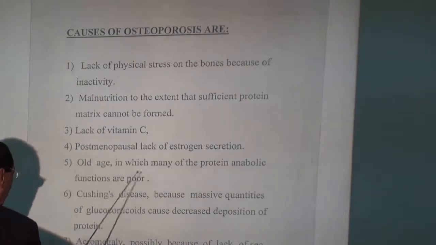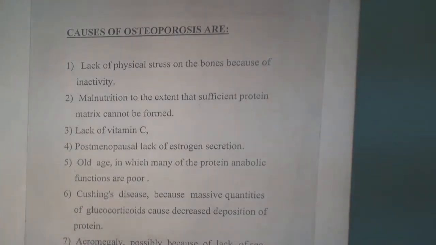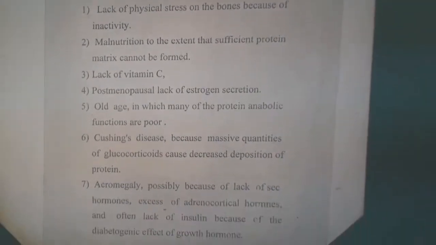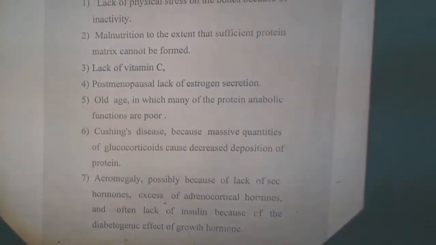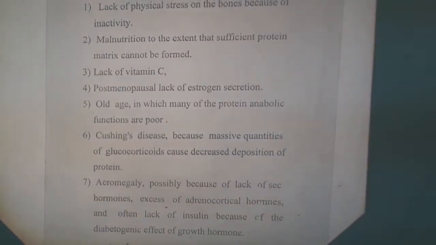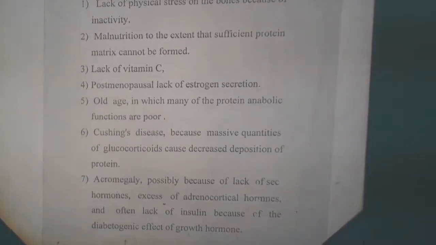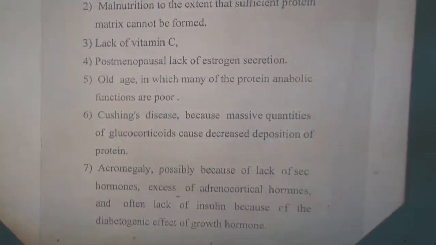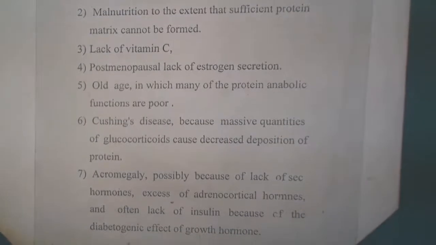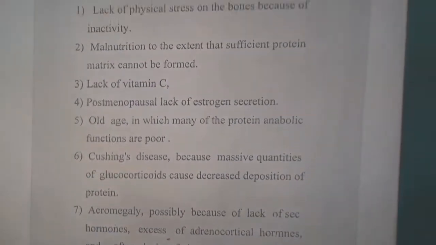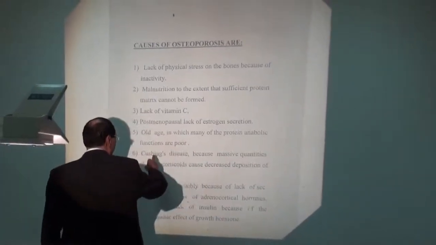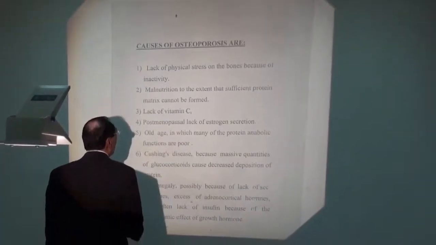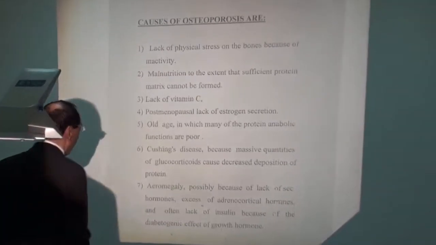Old age in which many of the protein anabolic functions are poor. The others are pathological: Cushing syndrome, acromegaly. And now we had an idea about acromegaly, excess secretion of the growth hormone. You see, these are the causes of osteoporosis, especially in old age, especially in women.